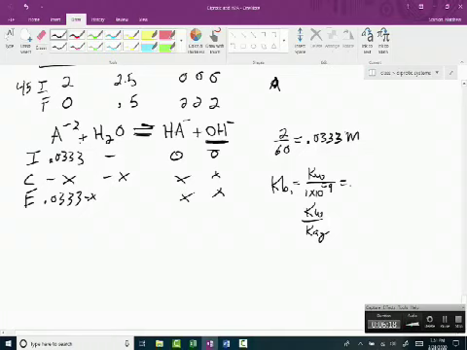I have it written down here already. 1 times 10 to the minus 11th. It's not 1 times 10 to the minus 11th.